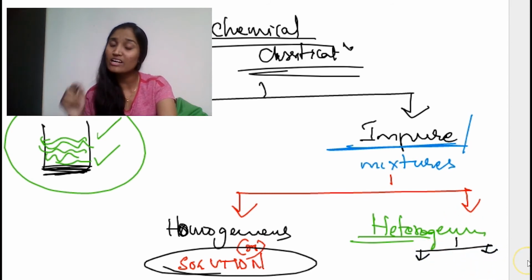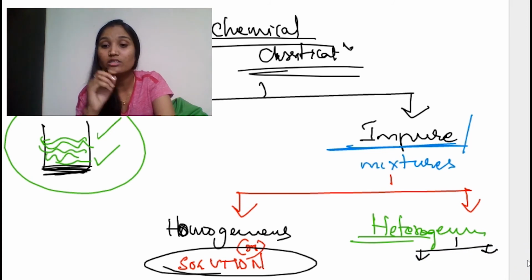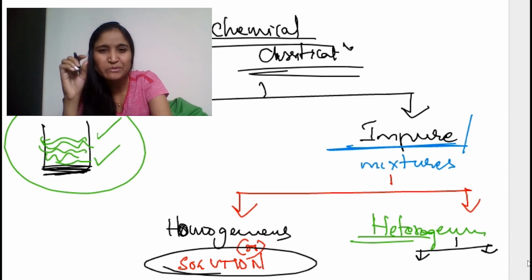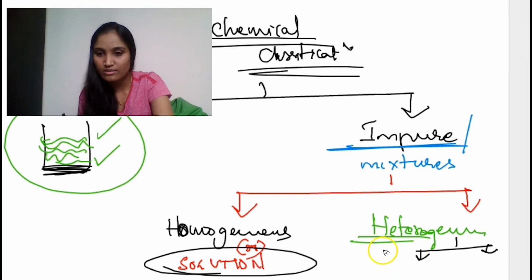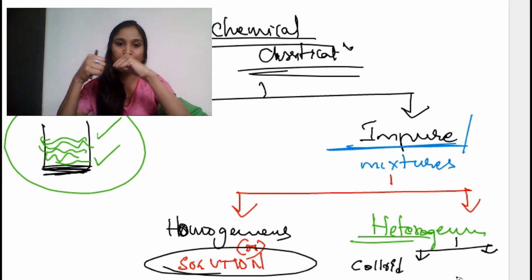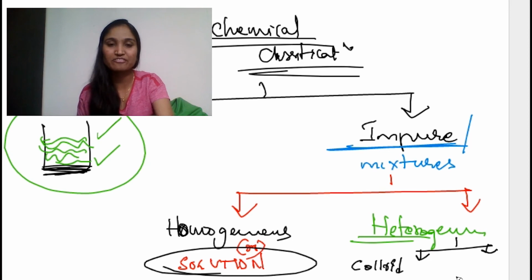First of all, based on what are they classified? They are classified based on the size of the particles involved in the mixture. If the size of the particles is medium, then you call it a colloid. It's not collide, it's colloid. Collision is different, right? Collision is this. This is entirely different from that.